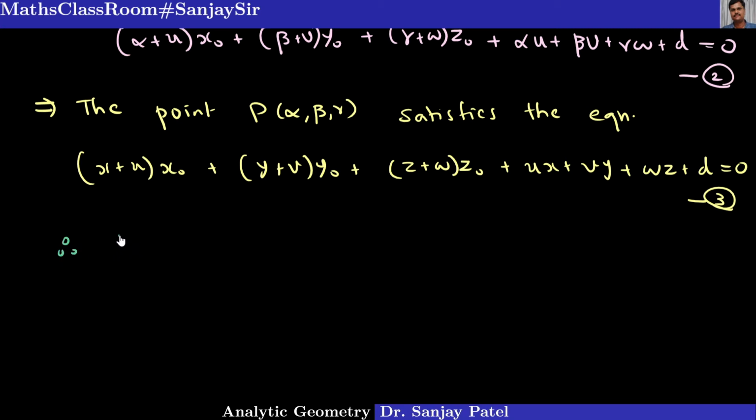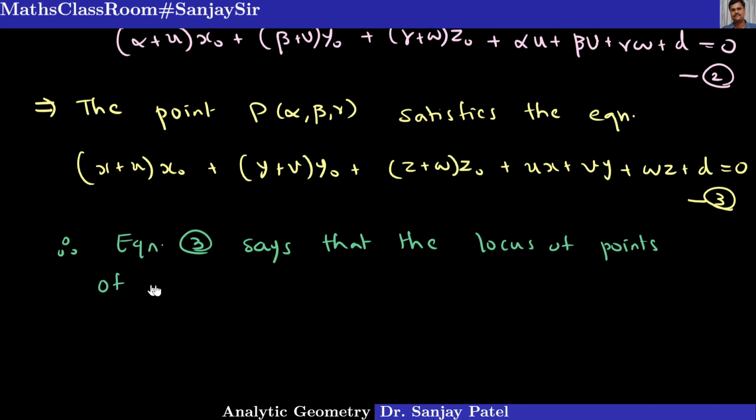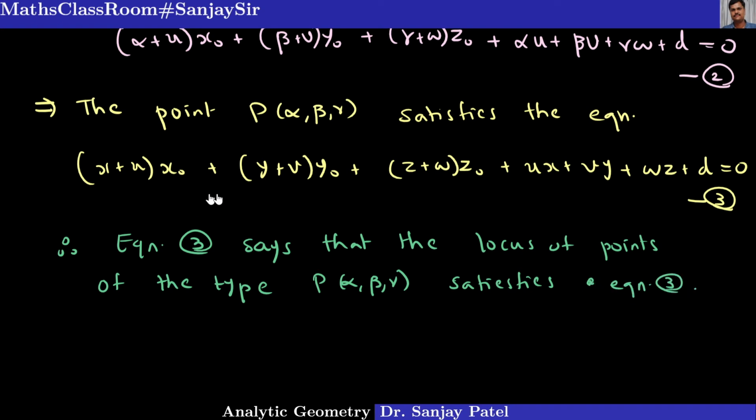Therefore, equation 3 says that the locus of points of the type P(alpha, beta, gamma) satisfies equation 3.